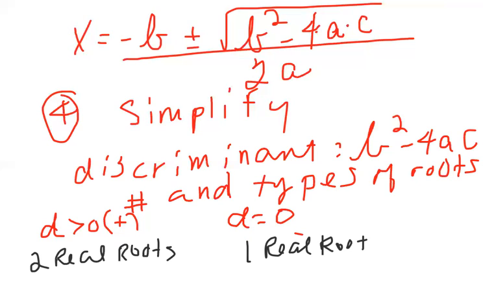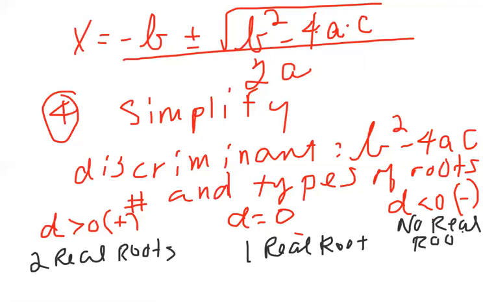By the way, we are going to be talking about graphing the quadratics too. So that's coming shortly. Okay, next. If you calculate the discriminant and the discriminant is less than 0, or it's a negative value, this means you have no real roots. And if you have no real roots, what do you have?